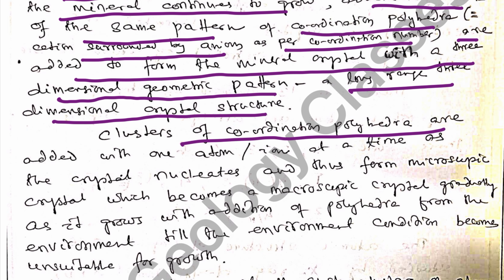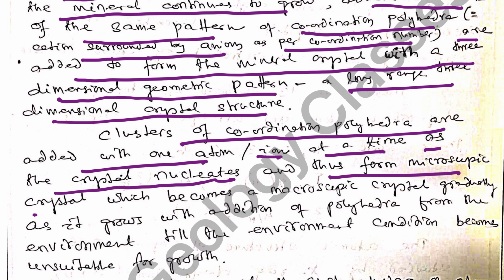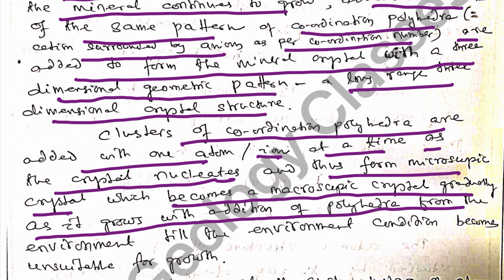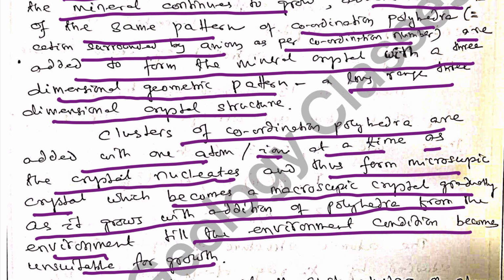Clusters of coordination polyhedra are added with one atom or ion at a time as the crystal nucleates, and thus form a microscopic crystal, which becomes a macroscopic crystal gradually as it grows with addition of polyhedra from the environment till the environment condition becomes unsuitable for the growth.